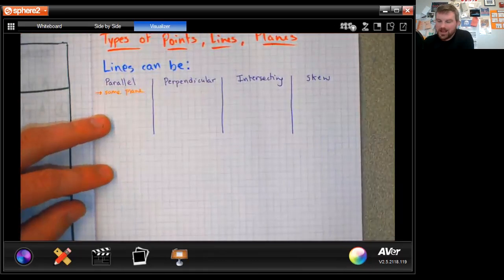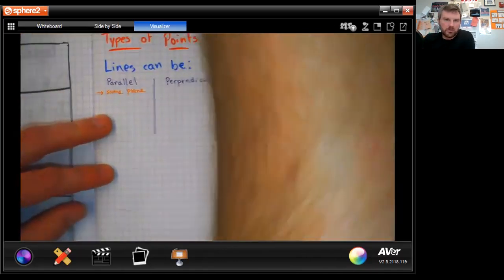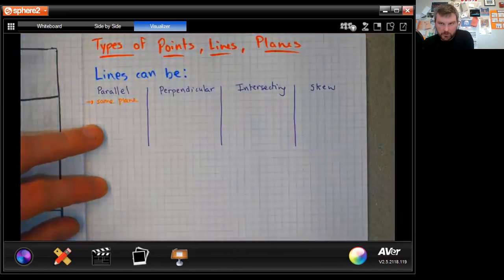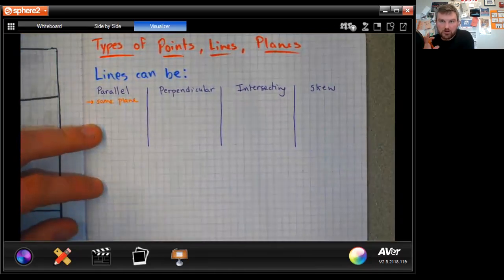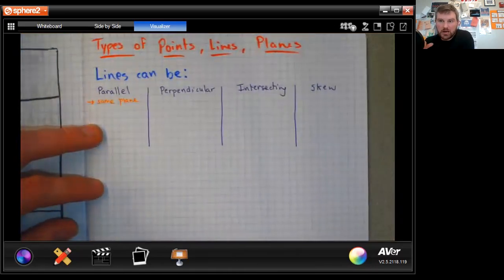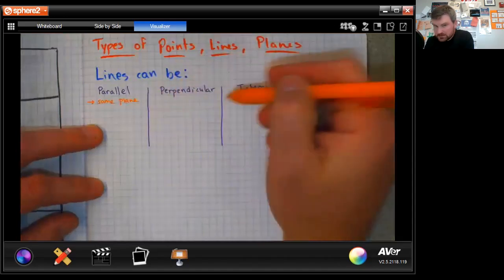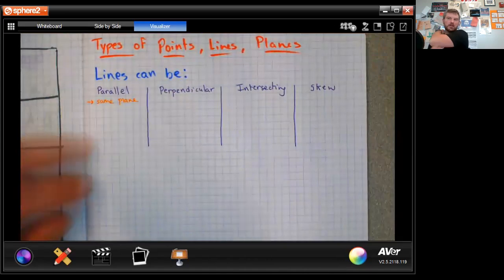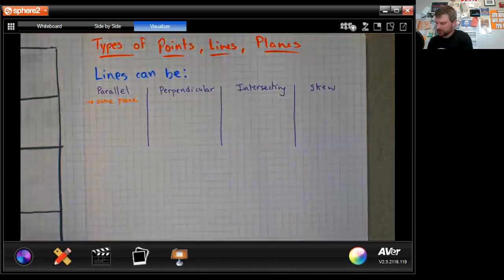Lines that are not on the same plane cannot be parallel. If you have a line on your computer screen and a line on your notebook right now, those two cannot be parallel at all. They both have to be on the same thing. Like these two lines are both on your screen right now, so they are on the same plane, therefore they can be parallel.